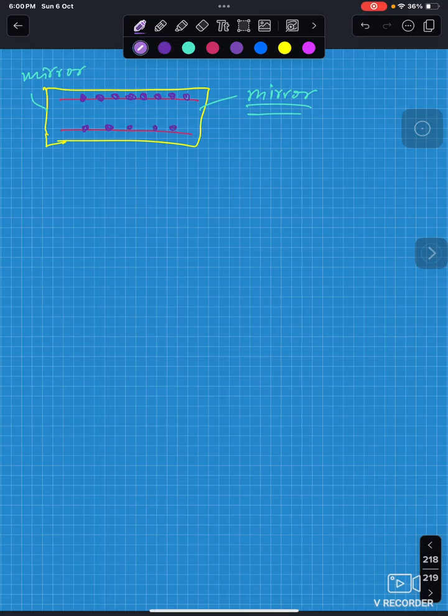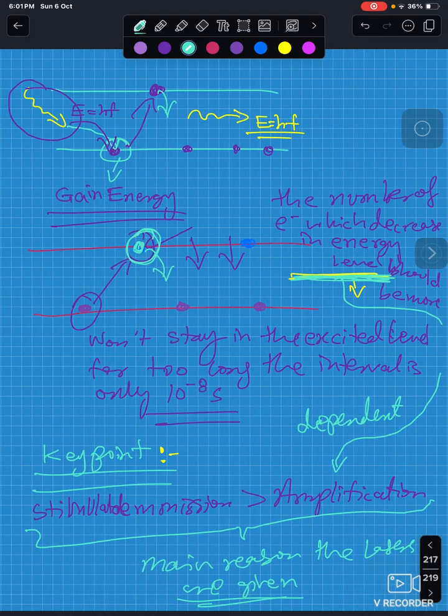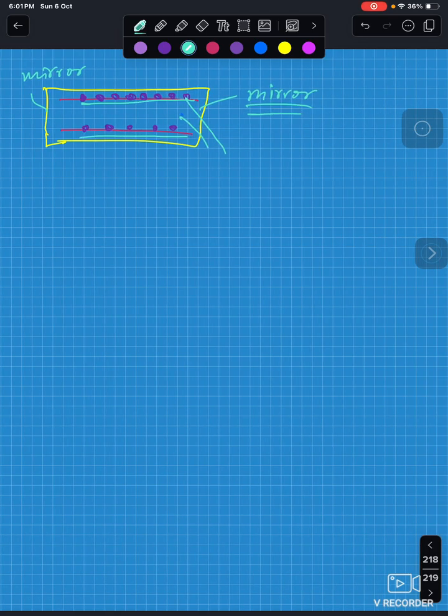Again, look at the key point. When I drew the number of electrons in the upper one and the bottom, did you notice that the number of electrons in the top is greater than the number of electrons in the bottom? Same reason: stimulated emission should be more than amplification.